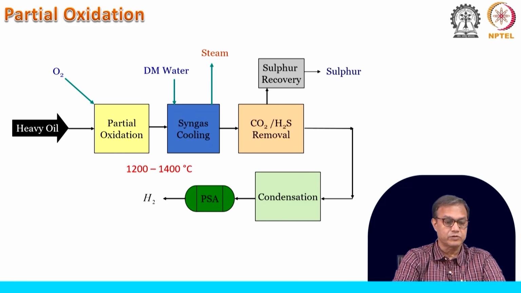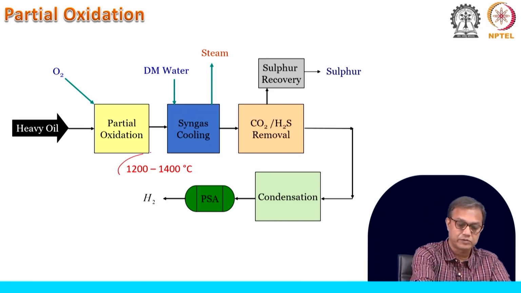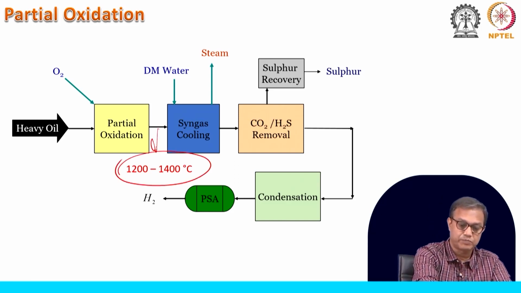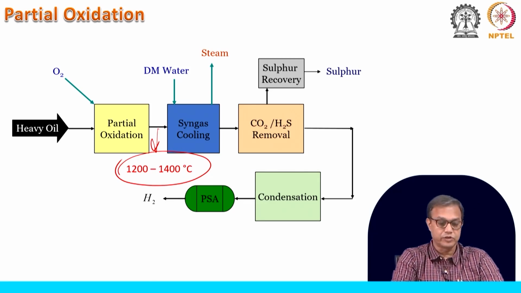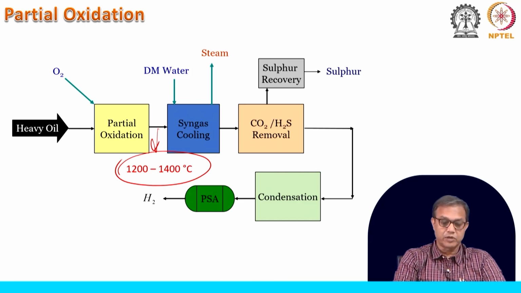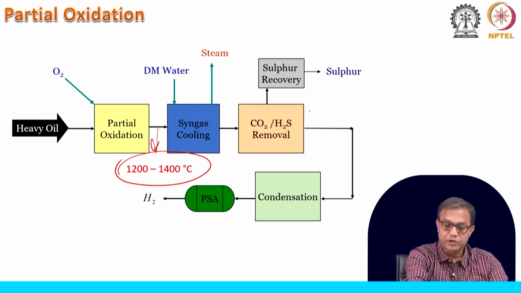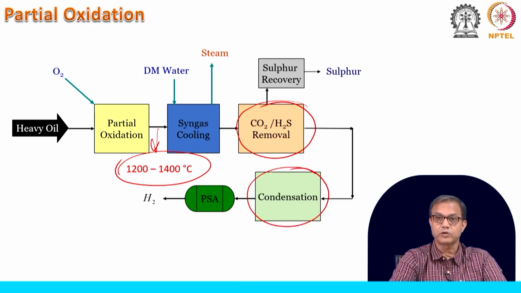Similarly, for the partial oxidation part, we have seen that the exit of the reaction zone is nearly 1200 to 1400 degree centigrade, and in the autothermal reaction part we have nearly 900 to 1100 degree centigrade. Here again you see that after CO2 and H2S removal, we have the condensation process that we have talked about.